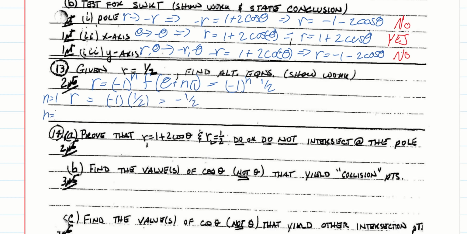Then for n equals 2, r is going to equal positive 1 times 1/2, so it's 1/2, the same as the original. So stop.